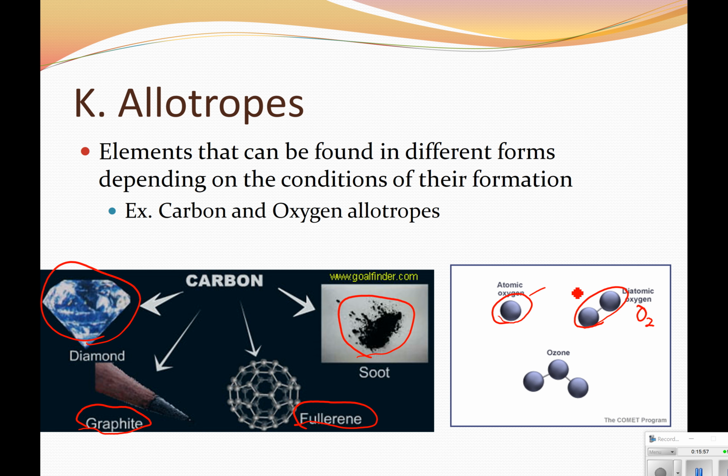These would have different properties from each other. We actually breathe diatomic oxygen. Oxygen is really reactive. We never really find oxygen as a monatomic molecule. Ozone is also just oxygen, but it contains 3 oxygen atoms. So they all contain the same substance, just a different number of atoms in that particular molecule.